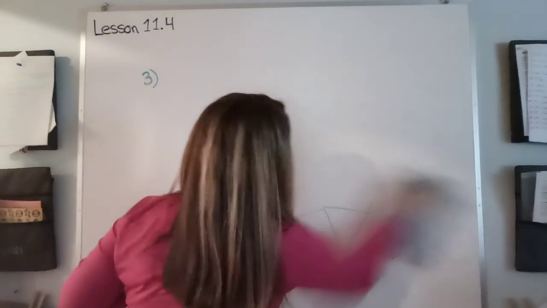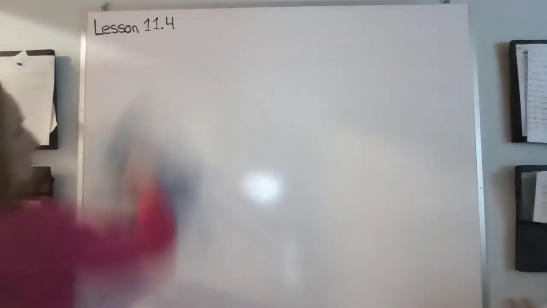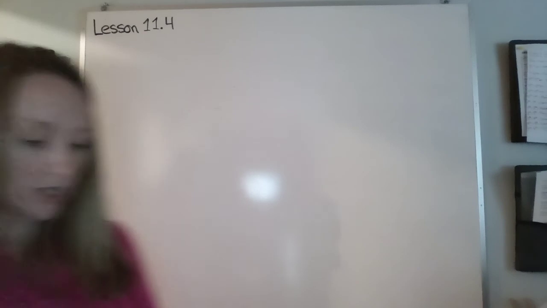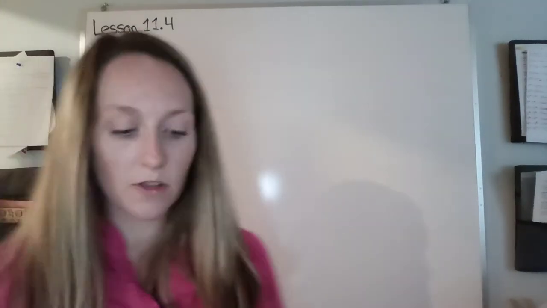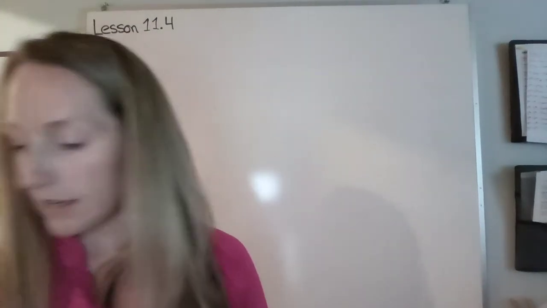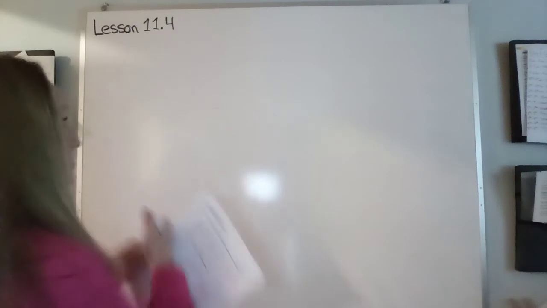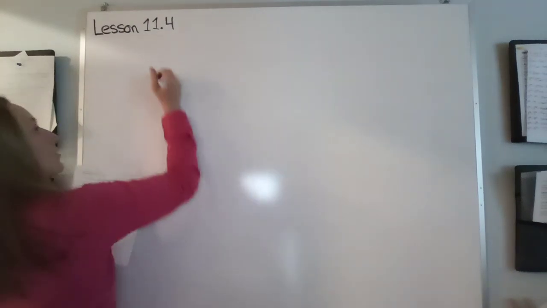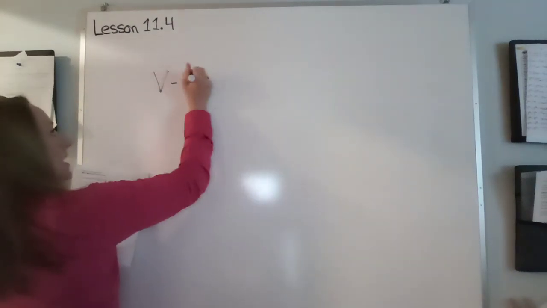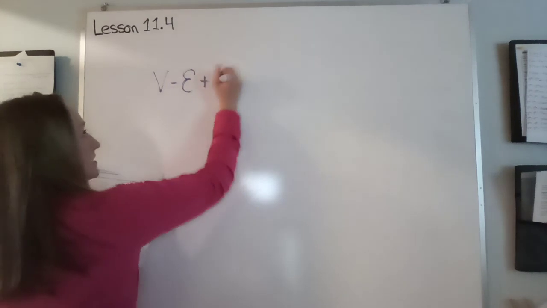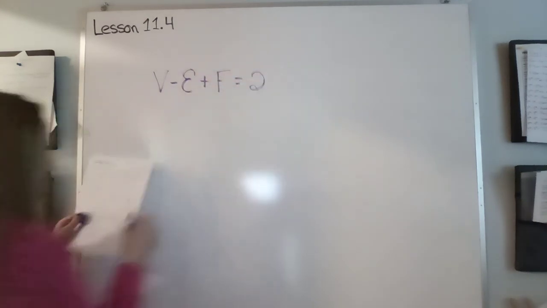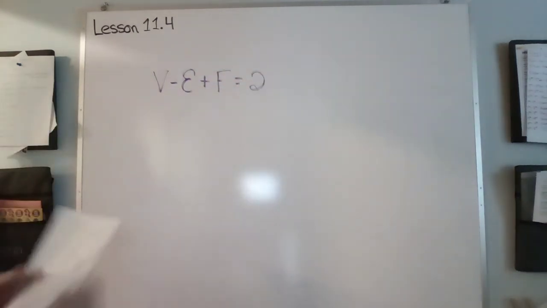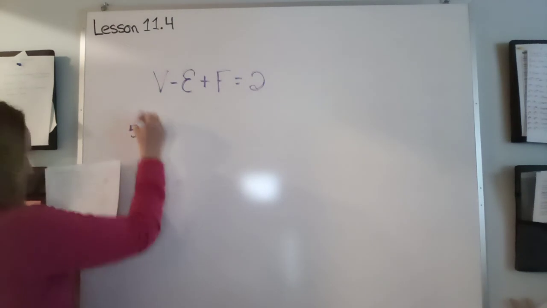All right, moving along. For the next section, it says use Euler's formula to fill in the missing values for each polyhedron. So again, I'll write down Euler's formula for you. It's vertices minus edges plus faces equals 2. For example, I'll do number 5 because they're all basically the exact same.